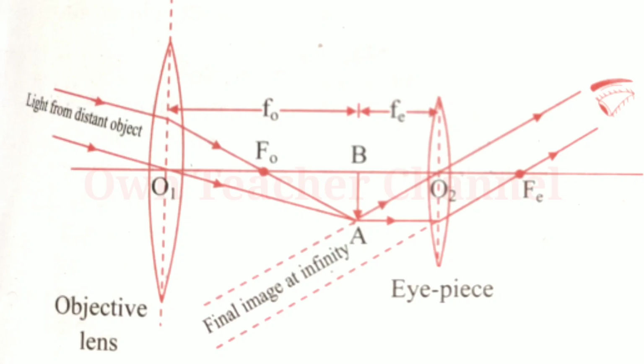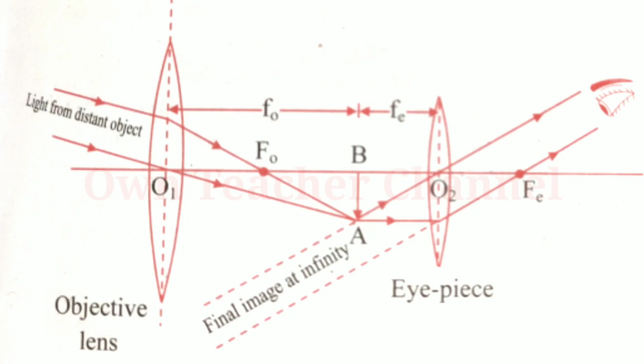The objective has large diameter and large focal length. The eyepiece has shorter focal length and small diameter. These two lenses are mounted at the end of a hollow metallic tube such that the distance between them can be adjusted. Light rays from a distant object are incident on the objective and form an image AB.